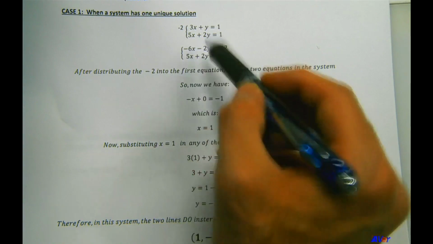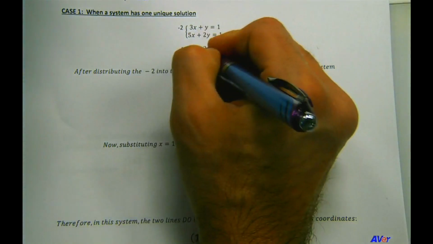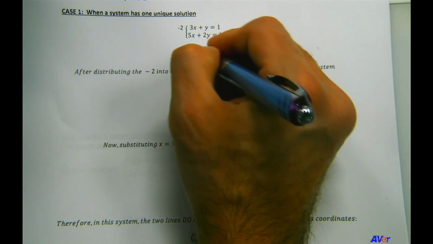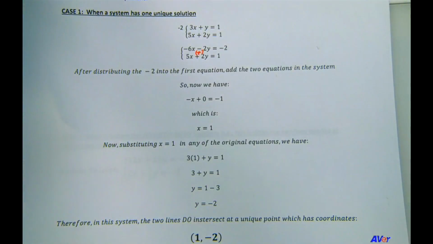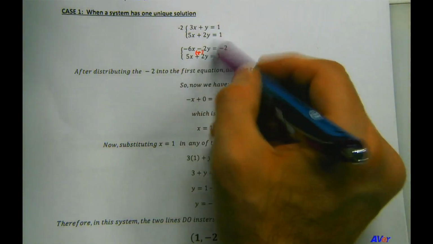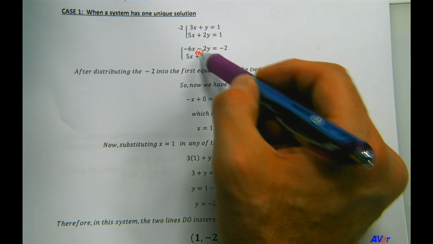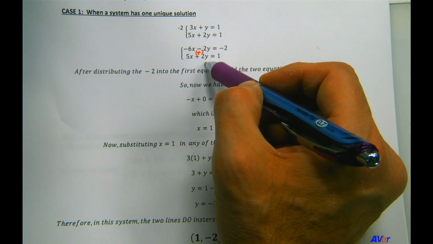Then the bottom equation stays the same as before, and all we have to do now is add these two equations. Okay? When you add them, the y terms get eliminated, as we intended. So minus 2y plus 2y adds up to 0.